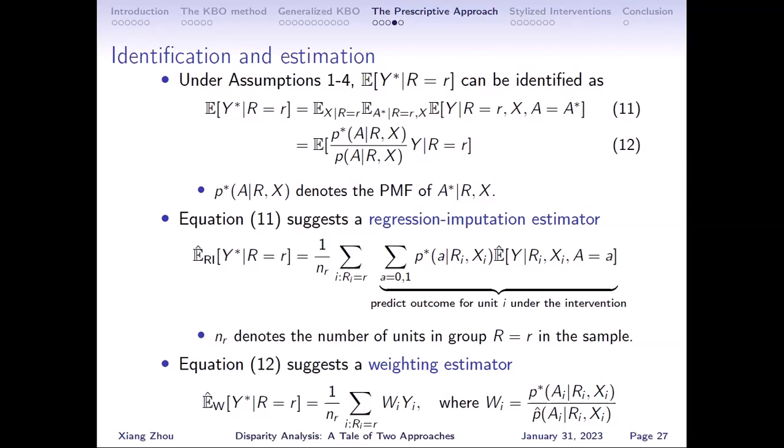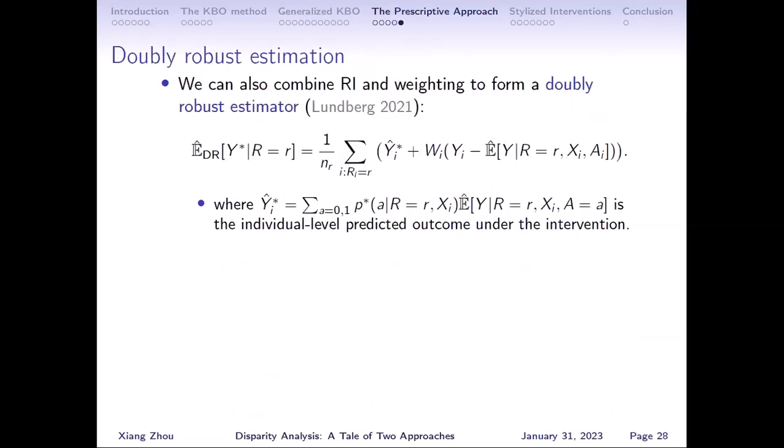It's actually just a generalization of IPTW in estimating average causal effects. And, as you can imagine, we can also combine regression imputation and weighting to form doubly robust estimators. This doubly robust estimator is very similar to the one proposed by Ian Lundberg in his SMR paper.